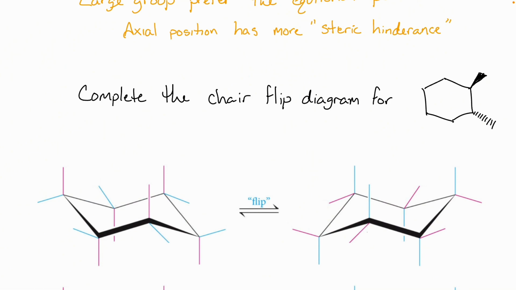Is it in the cis or the trans configuration? It's not a conformation, actually, it's stereochemistry. Trans, right? Those are pointed on opposite sides, so that's the trans isomer. Okay? So we're going to complete this diagram for this particular molecule here.